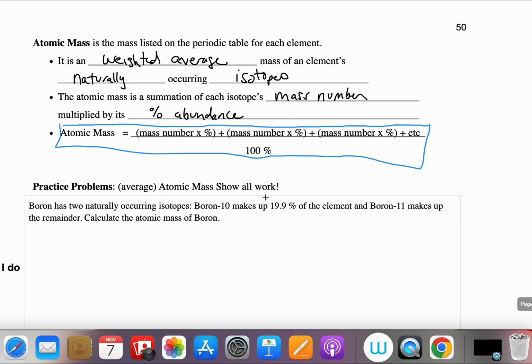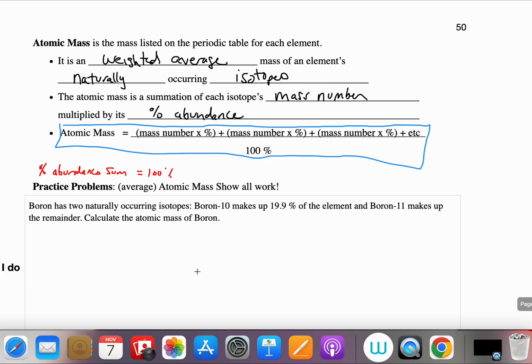The next thing I want to remind you is that the individual percent abundances should sum to equal 100% at the end of the math.